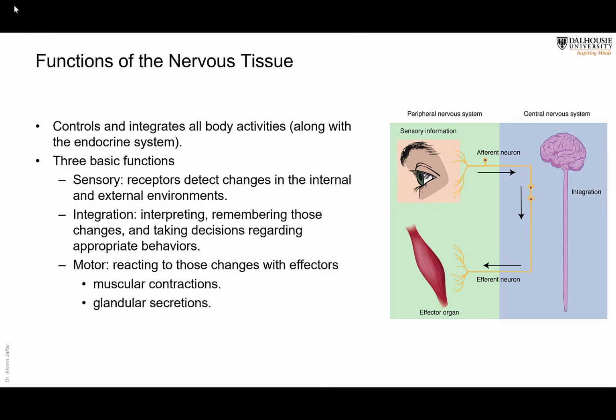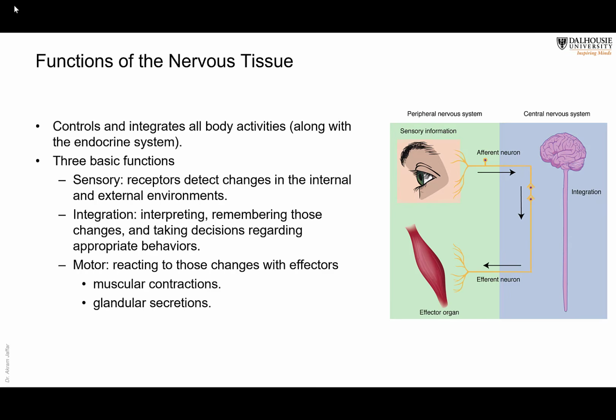First of all, let's have a brief introduction to the functions of the nervous tissue. This is just a very simplified idea: it controls and integrates all body activities, as I said, along with the endocrine system. And there are 3 basic functions. If you compare them to the functions of a computer, they are input, processing, and output.